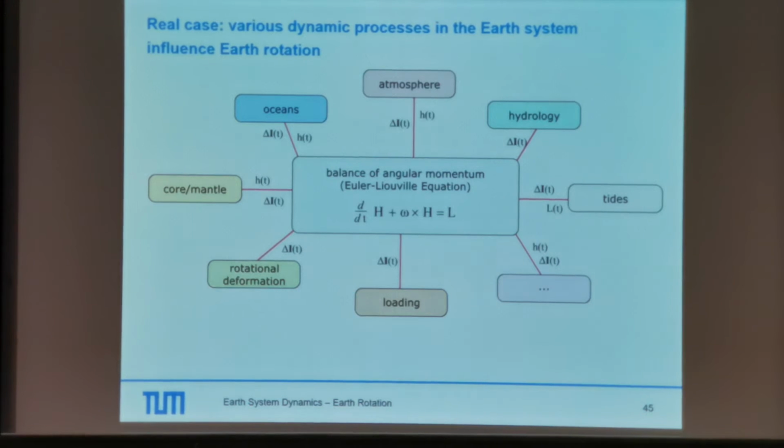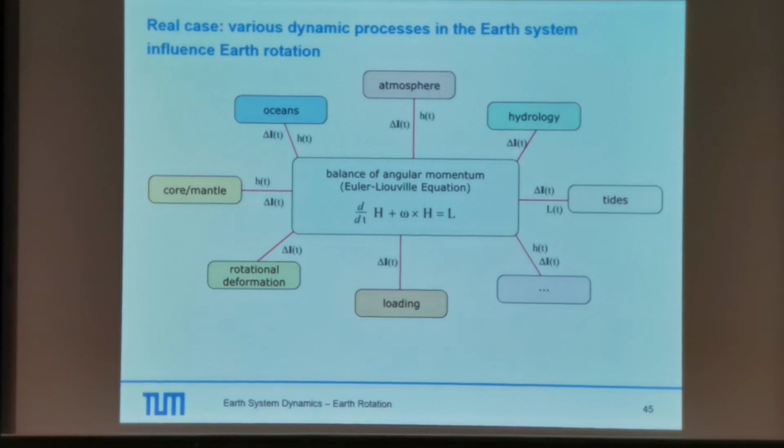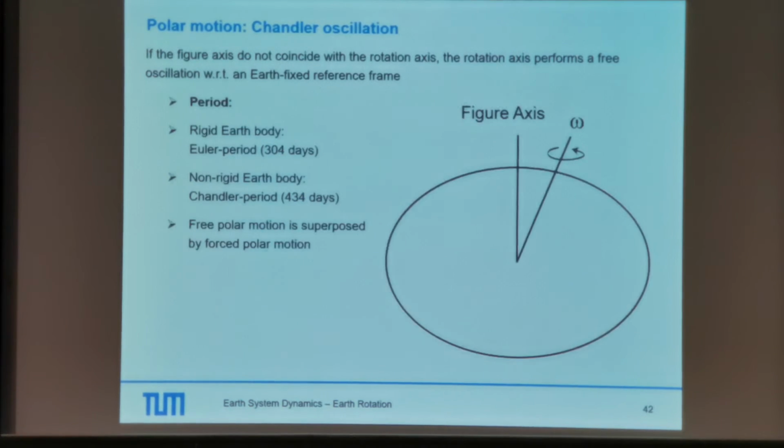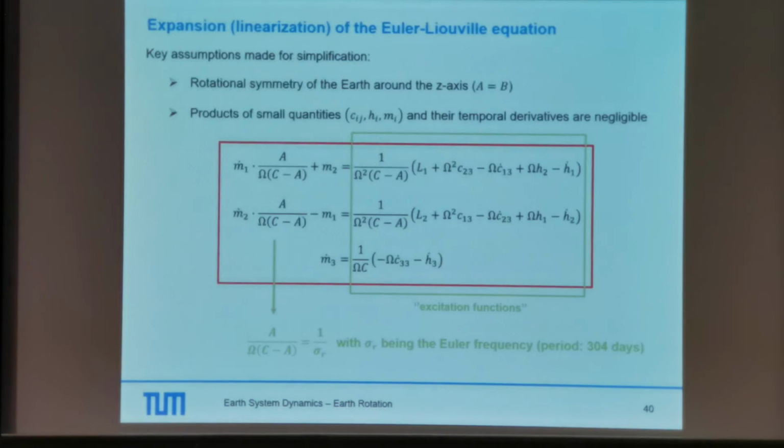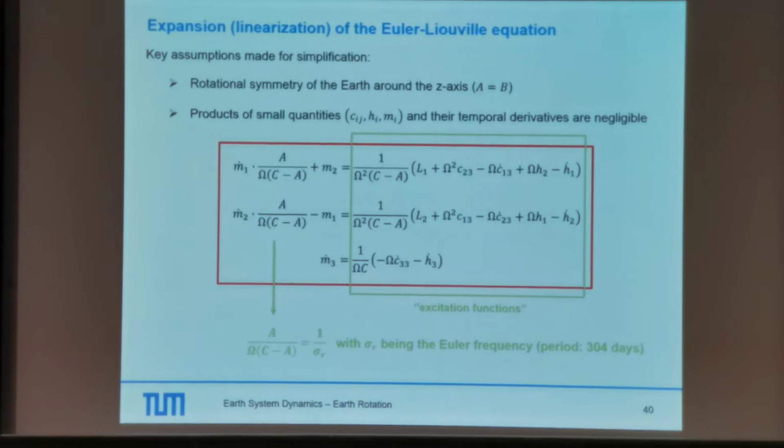which in fact change the Euler-Liouville equation. And if we use these equations and insert delta I, the small c quantities, or the relative angular momentum h, we can quantify the impact of this subcomponent of the Earth system on the Earth rotation.